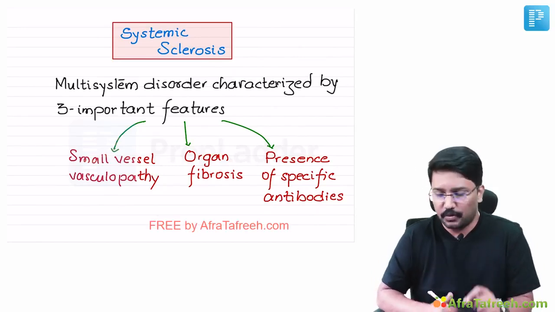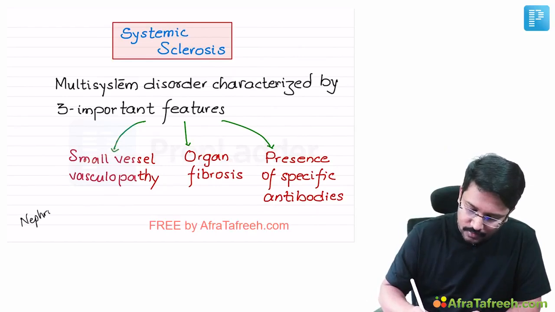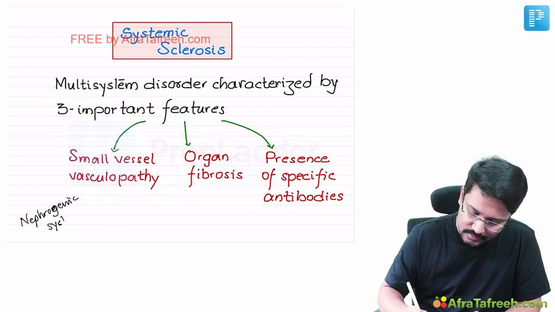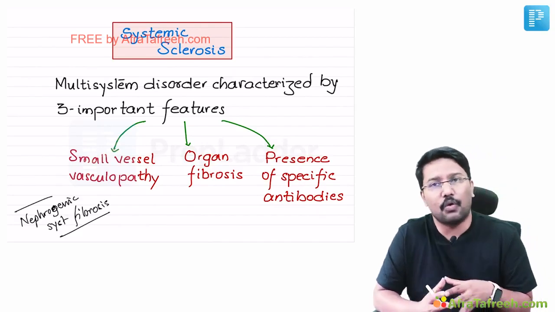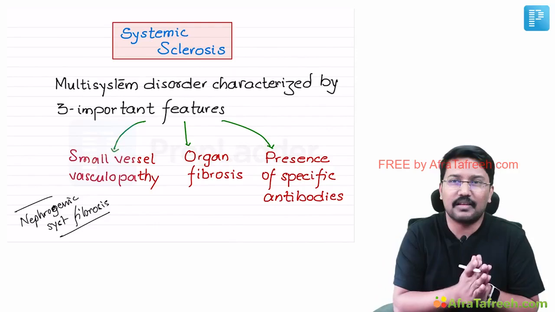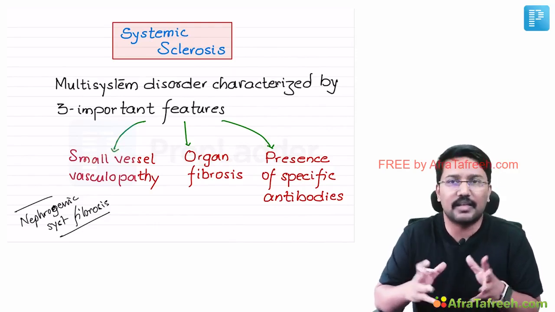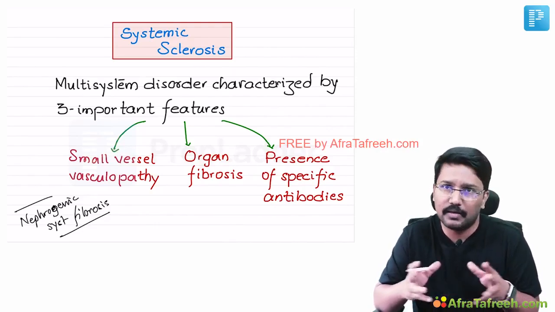I will give you an example. We know something known as nephrogenic systemic fibrosis, right? Nephrogenic systemic fibrosis, which is a complication of gadolinium contrast exposure in a patient who already has compromised kidney function. There also there is skin thickening, there is skin fibrosis, there is also internal organ fibrosis like the lungs and peritoneum, right?